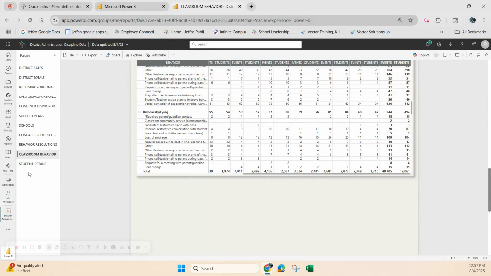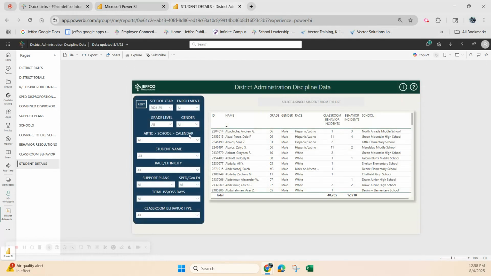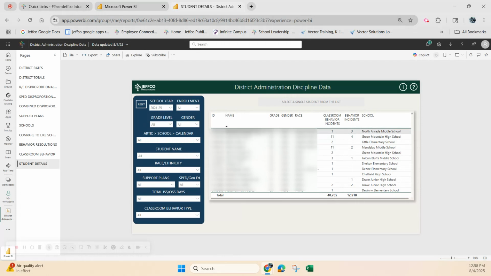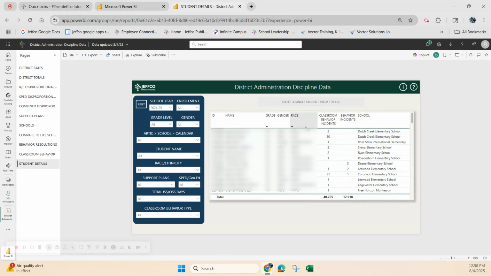And then the final piece of this, also important, is the student level information. So obviously I'm looking at all school data, but you can look at, this is alphabetical, but you can sort it by grade level, you can sort it by gender, you can sort by race, you can look at classroom behavior incidents, as well as office managed behavior disciplines, and by school.